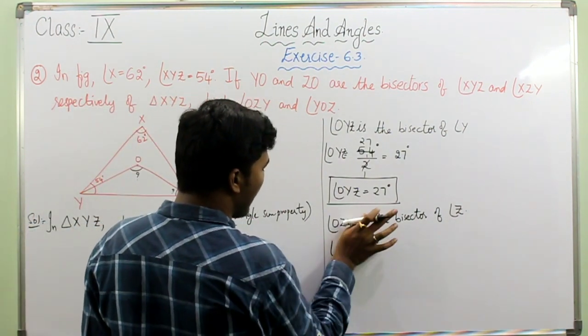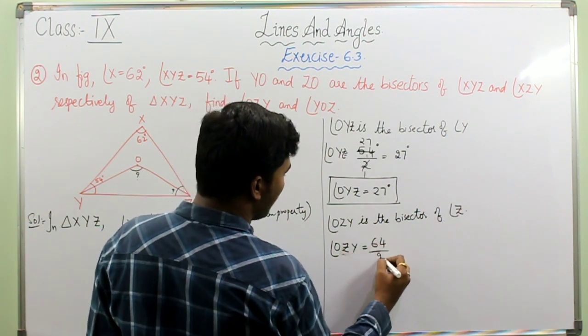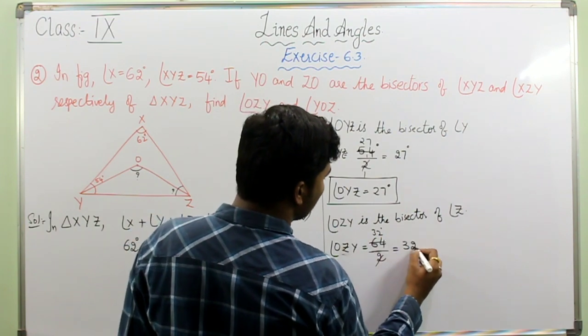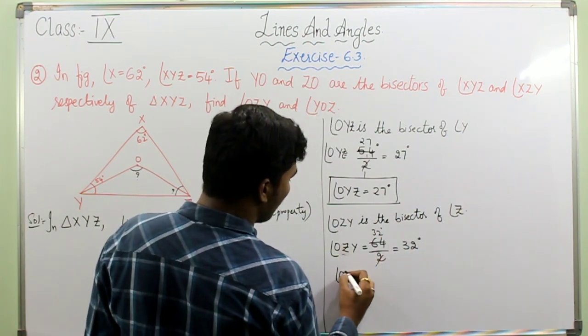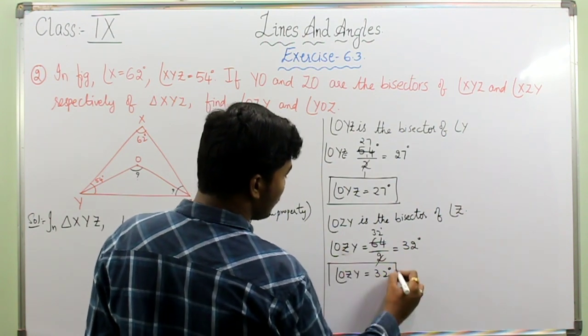So therefore, angle OZY will be equal to 64 by 2, which is equal to 32 degrees. So therefore OZY is equal to 32 degrees.